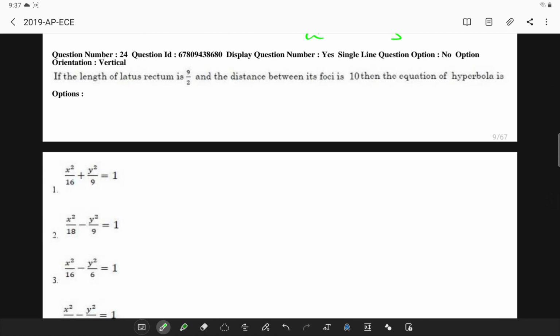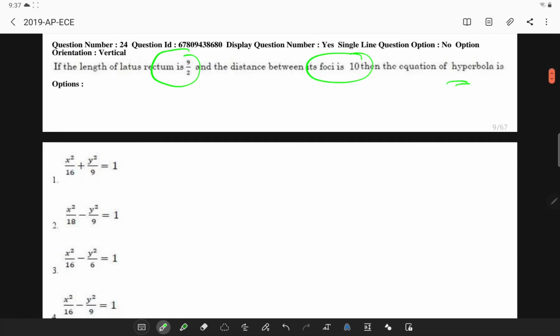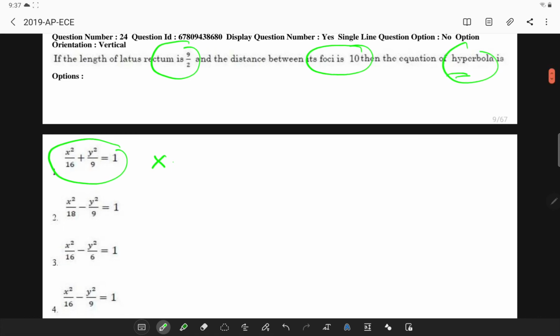So if the length of the latus rectum is 9 by 2 and the distance between foci is 10, he is trying to ask the question. So see the 4 options. The first option is not a hyperbola equation by seeing this, because it is an ellipse equation. If you see the remaining 3 options, this is clearly not a square root.